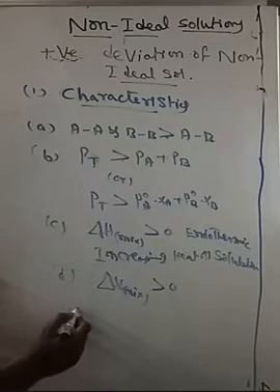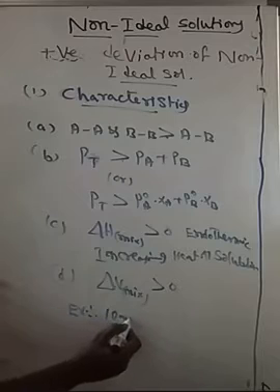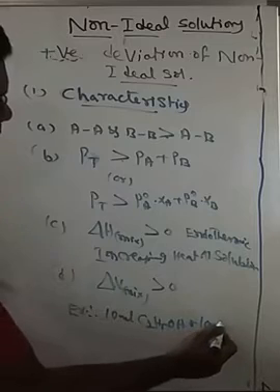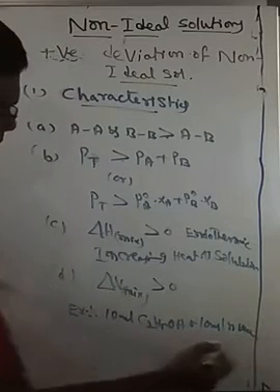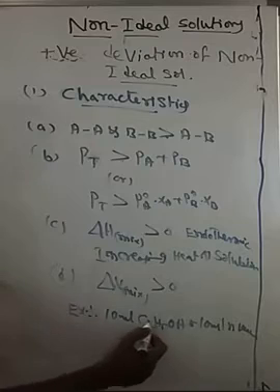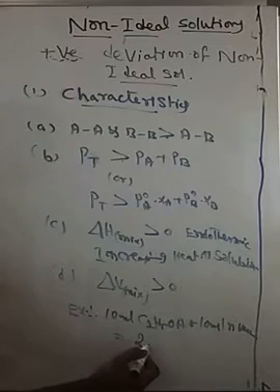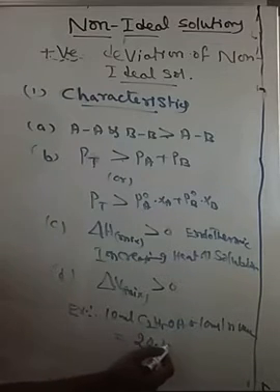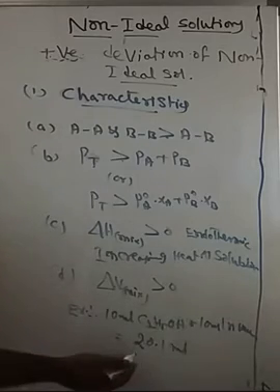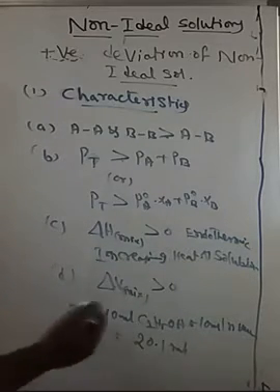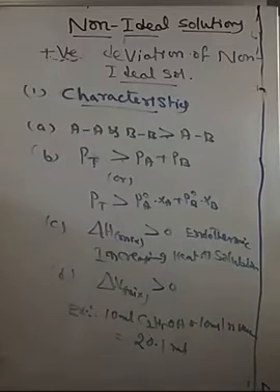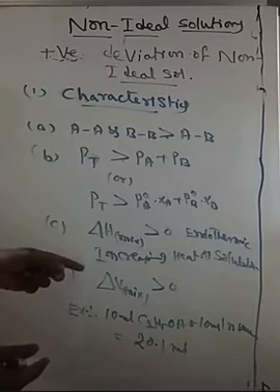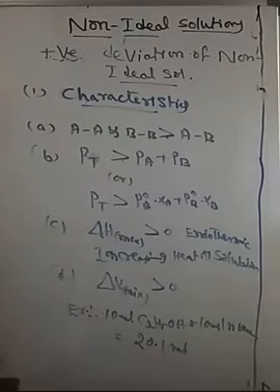For example, if you mix 10 ml of alcohol with 10 ml of hexane, the resultant solution is not exactly 20 ml; the volume becomes 20.1 ml, more than 20. The volume slightly increases because the escaping tendency increases as the force of attraction decreases.